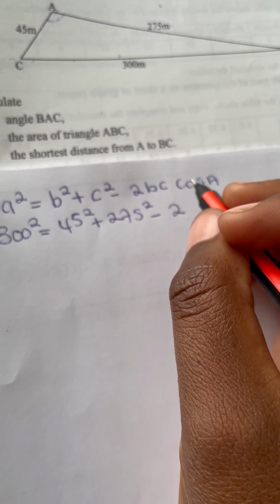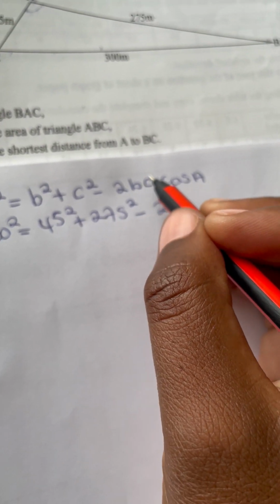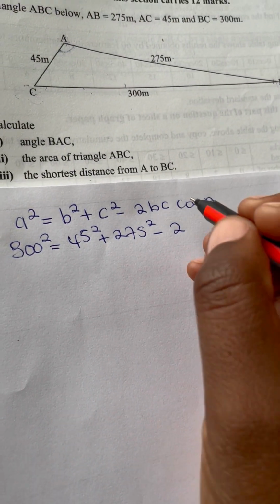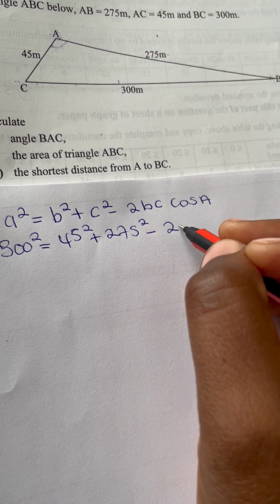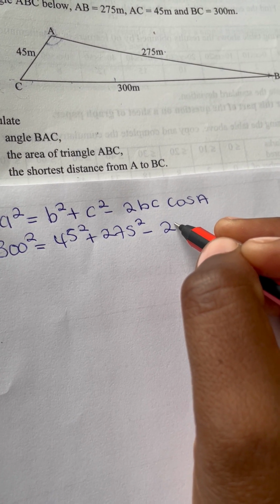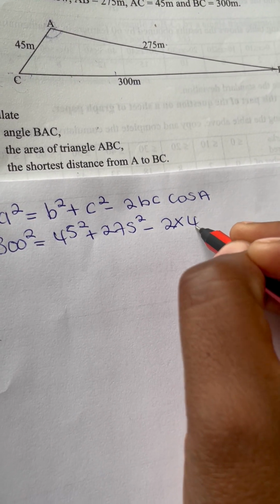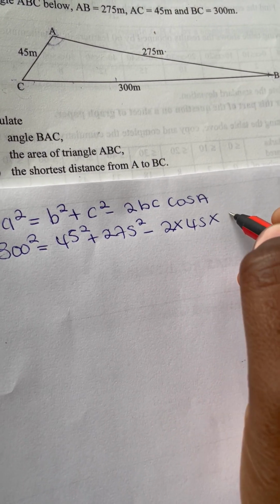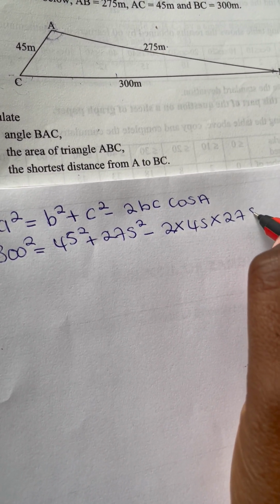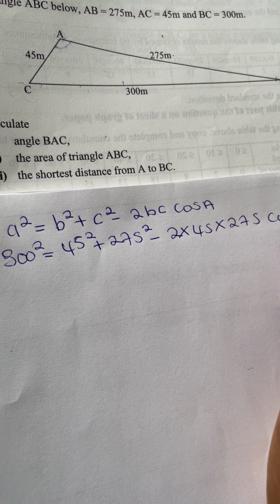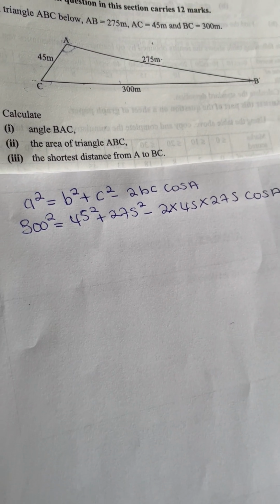Okay, and so when you have something like this it means multiplication. So we multiply there. So we are going to have 2 multiplying 45 times 275 cos A.